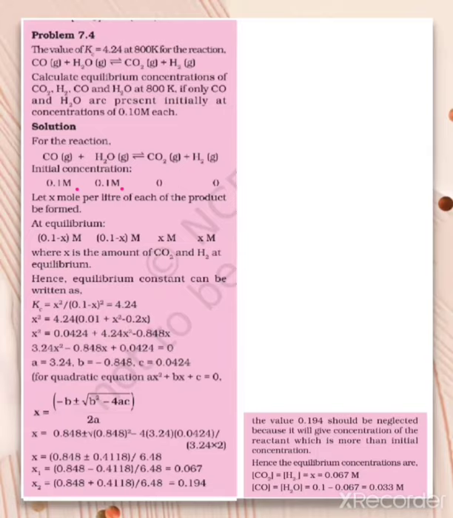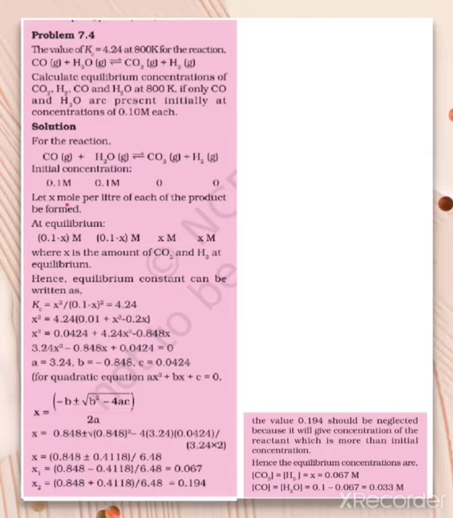Let the reaction start and x mole per liter of each product is formed. As per the balanced equation, 1 mole of CO2 is formed and 1 mole of H2 is formed, because the stoichiometric coefficient here is 1. So let x moles of CO2 and H2 be formed.